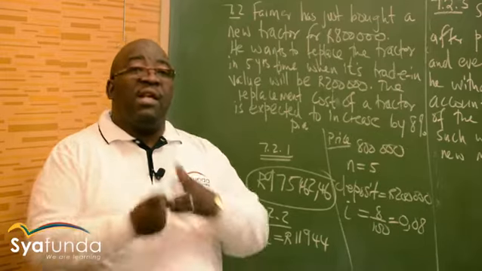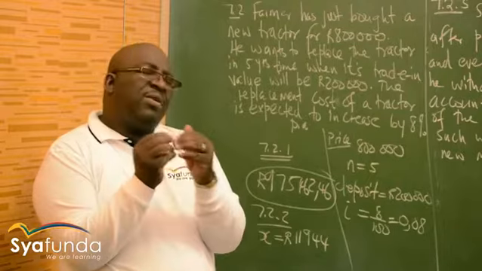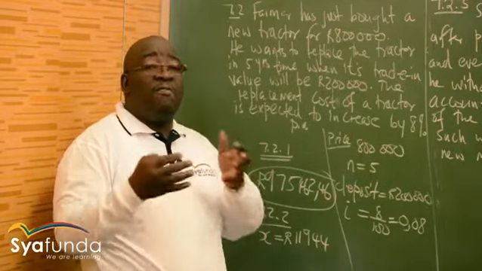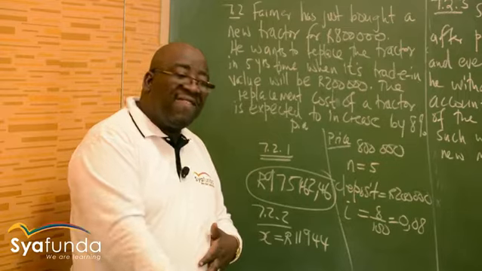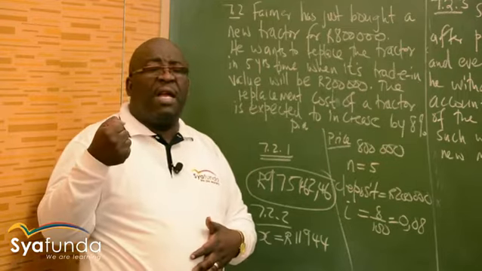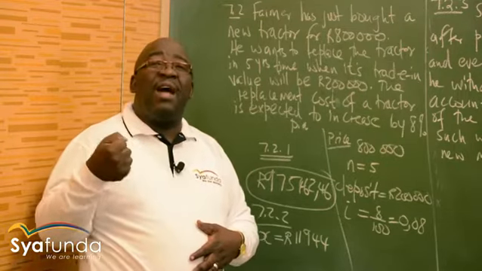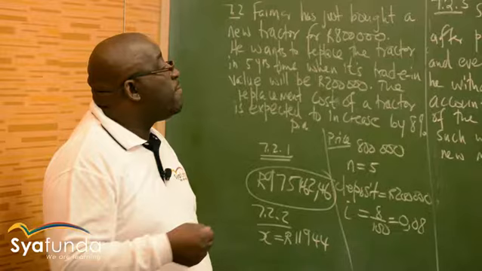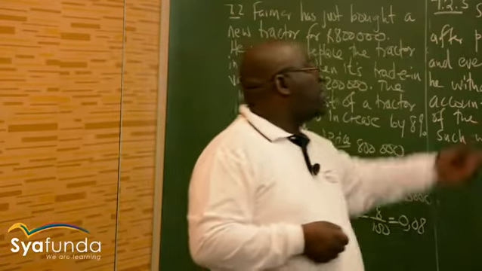So we want to find the total installments that he needs to save every month so that he'll be able to buy the tractor in 5 years' time, at the same time be able to pay for the maintenance of this present tractor.